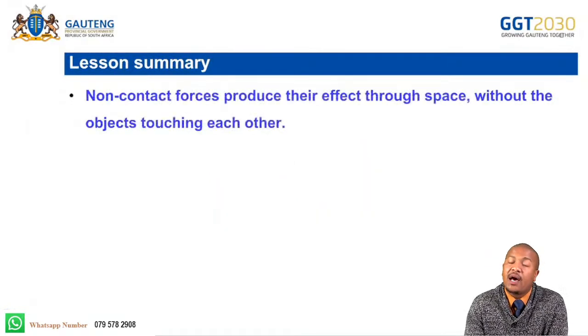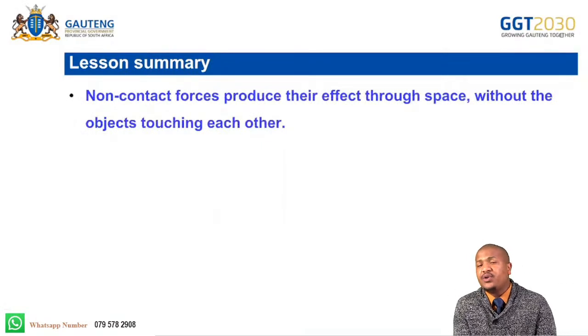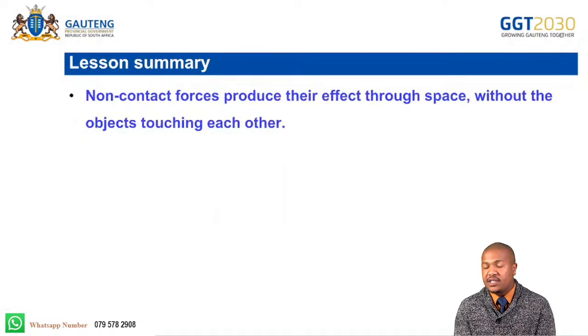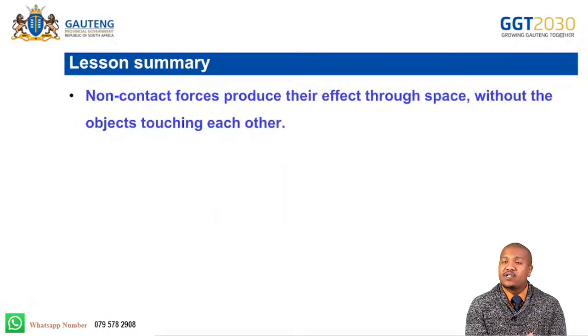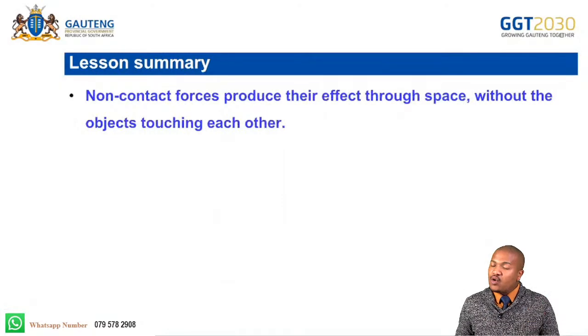So today we're talking about non-contact forces, right? So the difference between non-contact forces and contact forces is that with contact forces, the objects need to be in contact with one another for the force to act, right? They need to touch each other for the force to act. But with non-contact forces, it is the opposite, right?